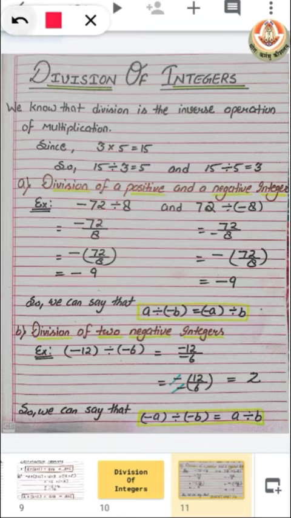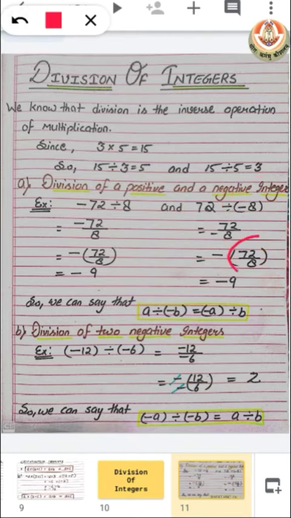Let's check what we will get when we divide a positive integer by a negative integer. So here we take these two numbers, separate from the negative sign, and it becomes the simple division of whole numbers again.